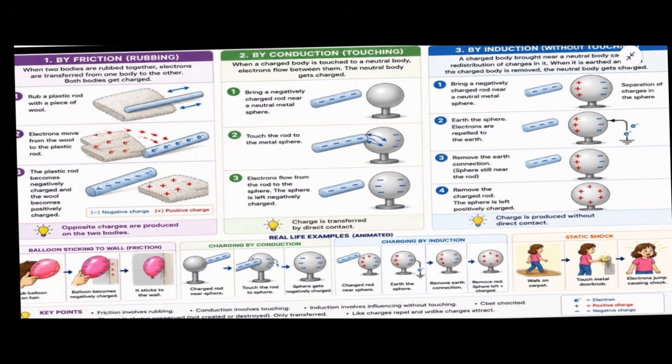Next, the method is by conduction, that is by touching. When the charged body is touched to the neutral body, this is charged and this is neutral, there is flow of electrons, and this must be a metal. Conduction is in metals only, and therefore the neutral body will get charged.